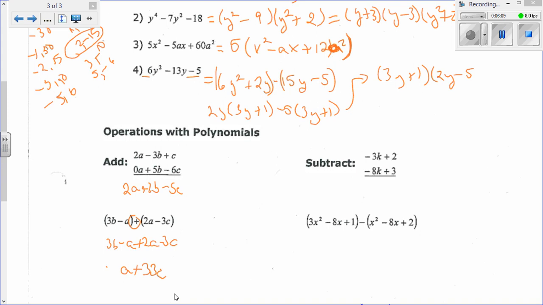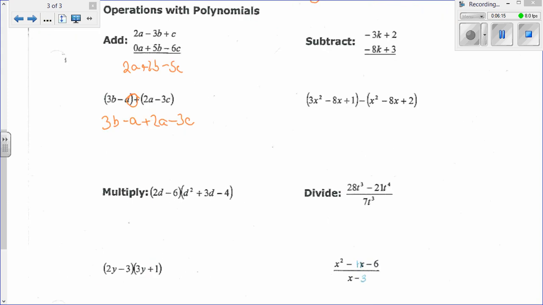Hang on. I can't even read my own handwriting. Okay. So let's try this again. If I combine my like terms, I have a negative a and a positive 2a, so I would just get positive 1a, and nothing to combine with the 3b, so plus 3b, and then nothing to combine with the c, so minus 3c.